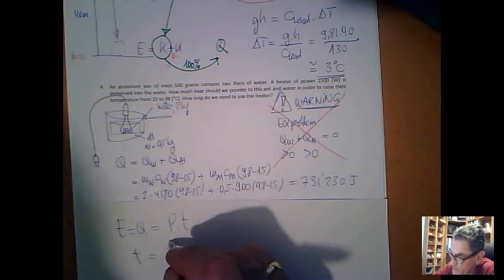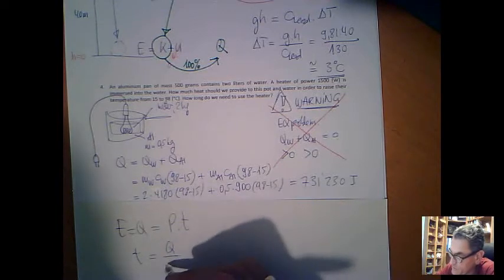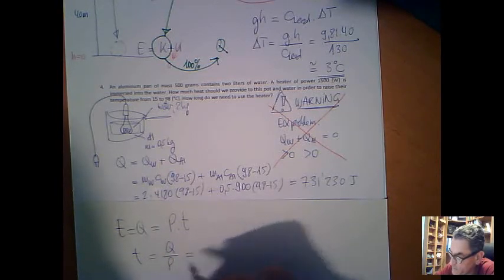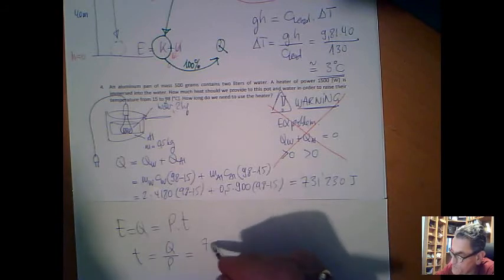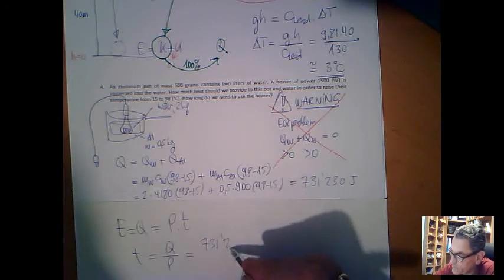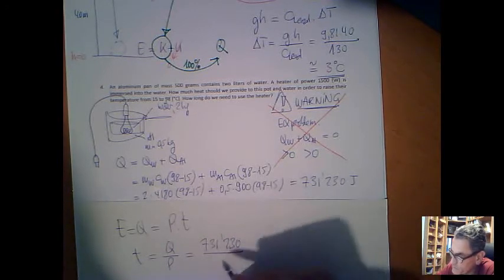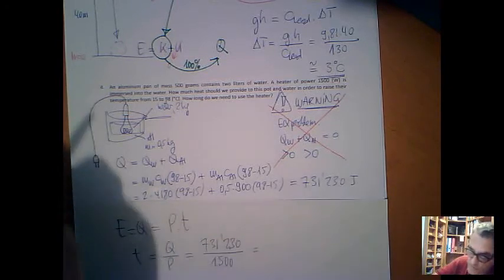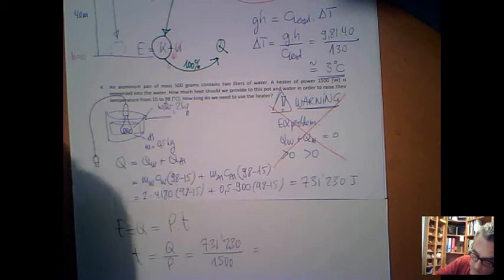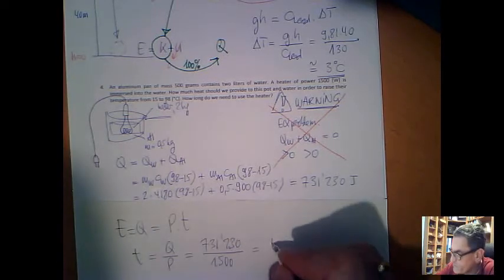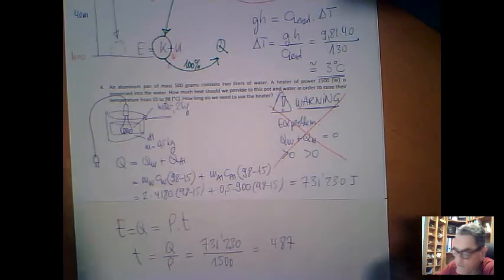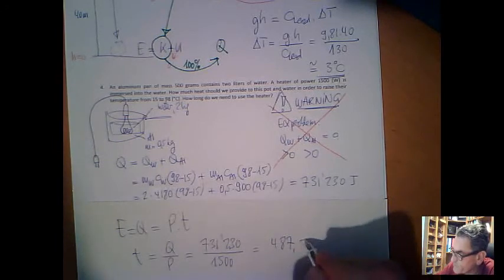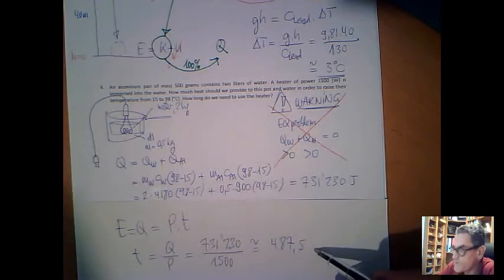So the time is the energy we need divided by the power. The energy we need is 731,230, and the power is 1,500. That gives us 487.5 approximately. What's the unit here?